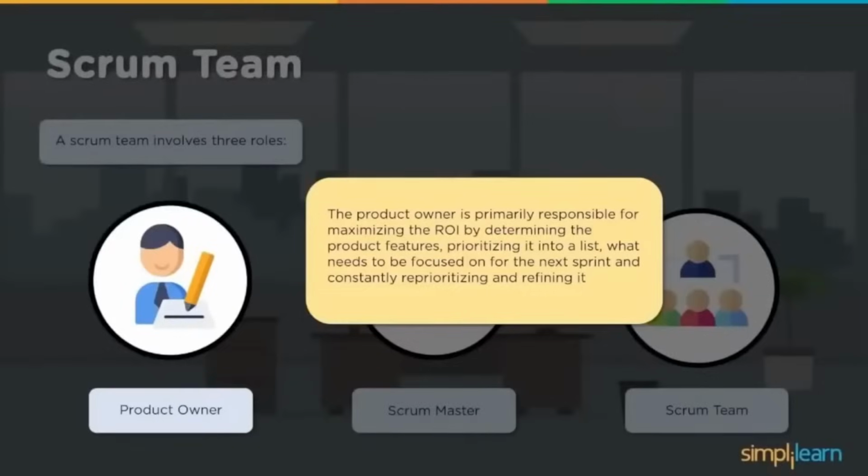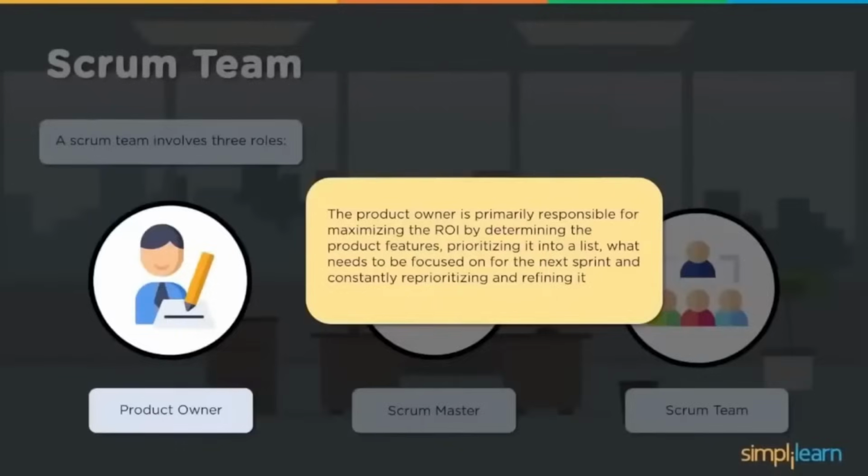Now why does this need to be done? Maximizing ROI means the product owner should closely work with the business and have insight into what the business requires, what the customer requires, and how it helps the customer accomplish that result, so that it justifies the investment being made in the product's features and functionalities.